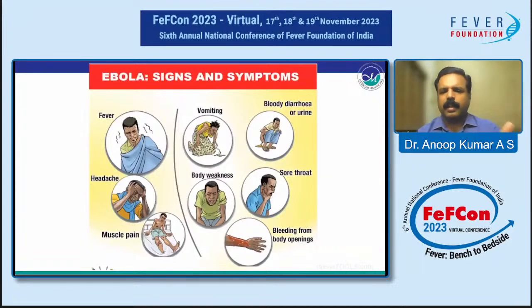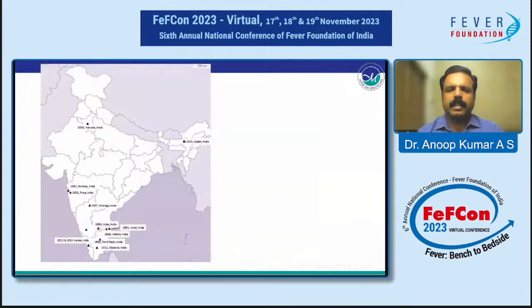Later on, vomiting, bloody diarrhea, and severe hematuria, along with bleeding from other body openings. So this is a typical feature. And along with that, if the patient is having any travel history or history of contact with animals or any other contacts, we will have to think about Ebola. Again, the PCR is the diagnostic modality.